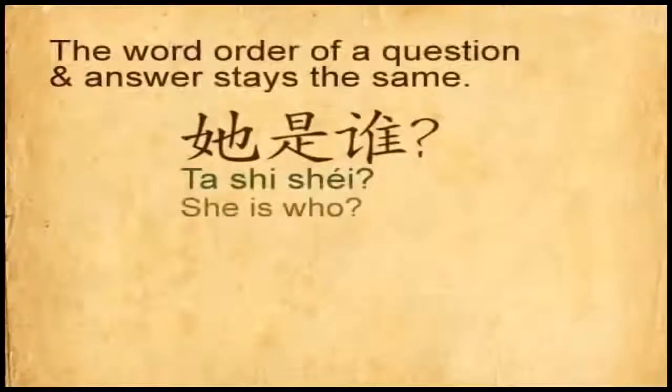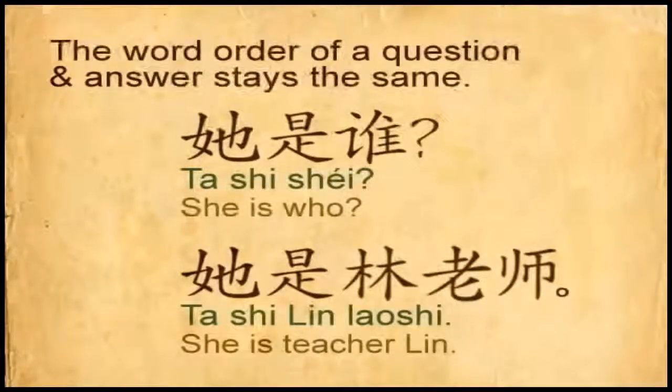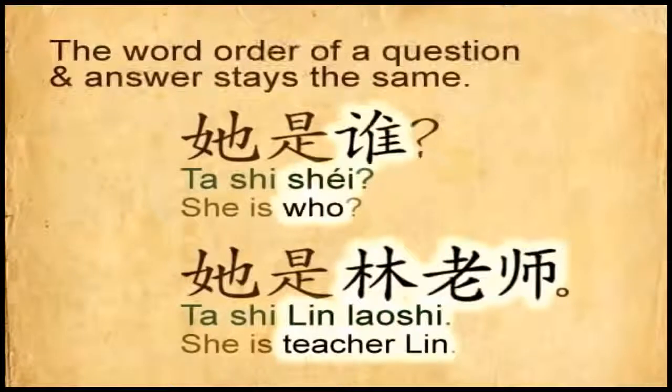For instance, the question is 她是谁? The answer is 她是林老师. She is teacher Lin. The question word 谁 is replaced by the person's name, 林老师, in the answer.